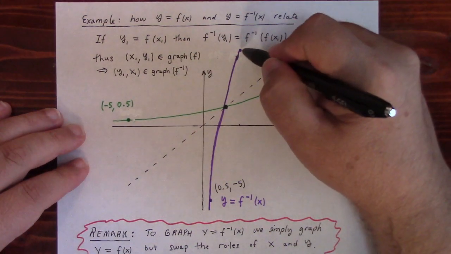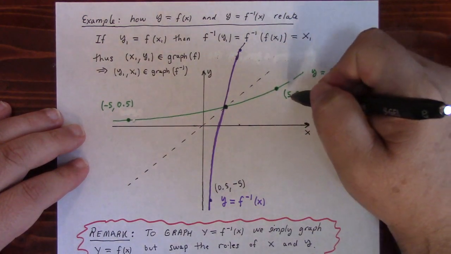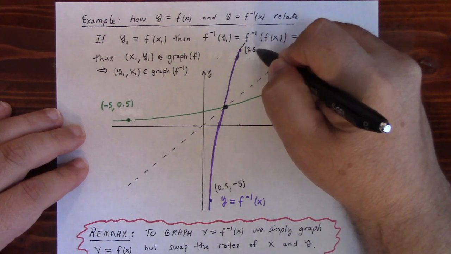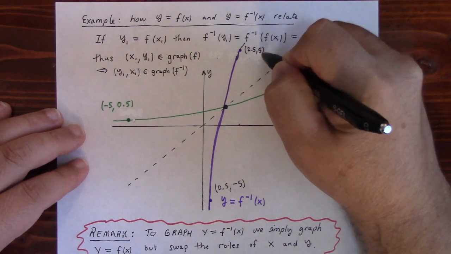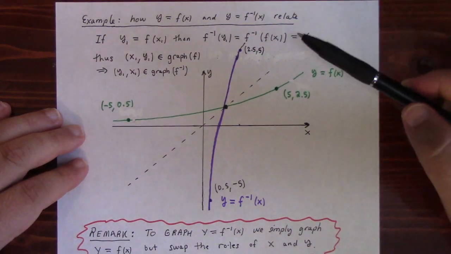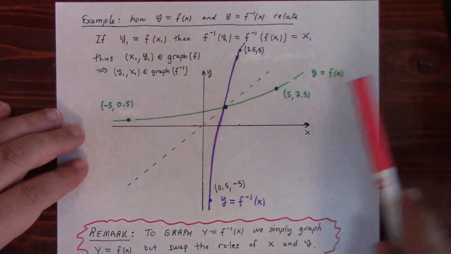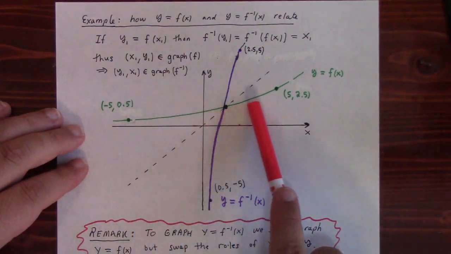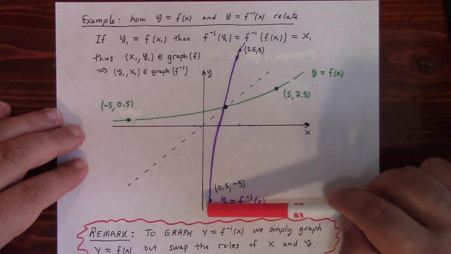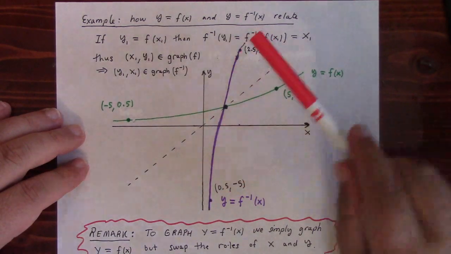And likewise up here, this point, 5, 2.5, tracks up here to this point, 2.5, 5. We flippity-flop going from the function to the inverse function. This is not entirely easy to see, but if you think about just graphing this, we graph like this, and on the other hand, we graph the purple like this. So it's the same graphing process actually.